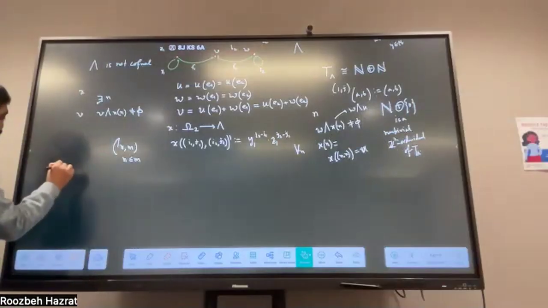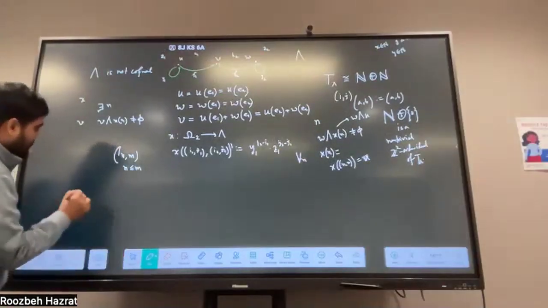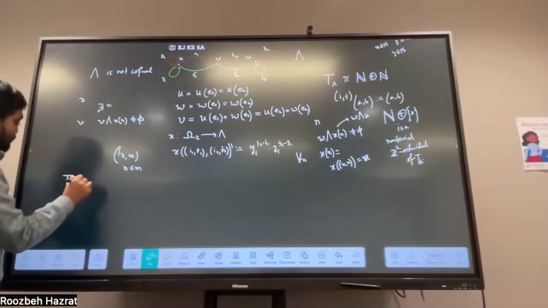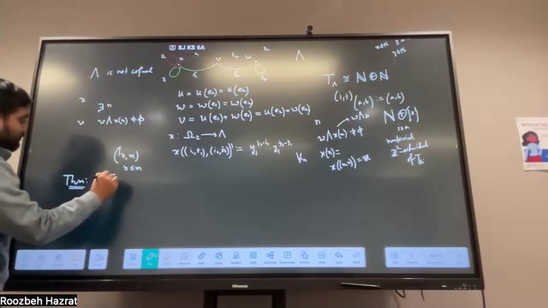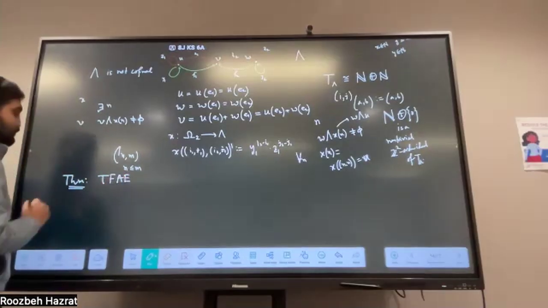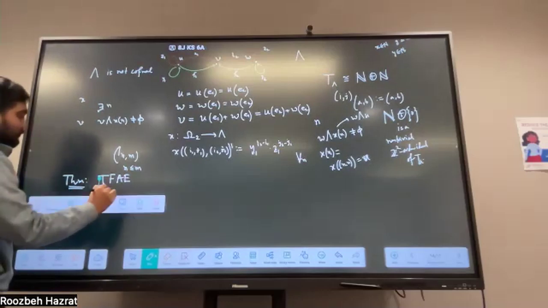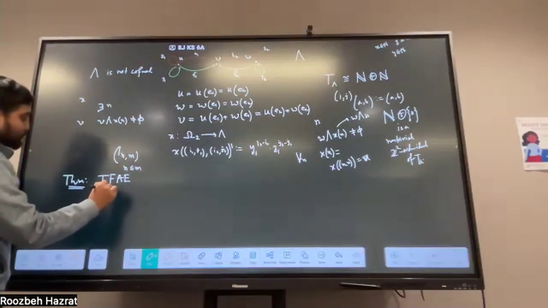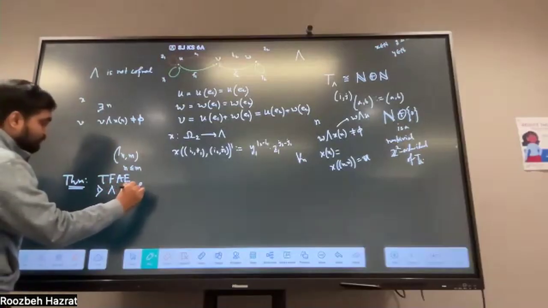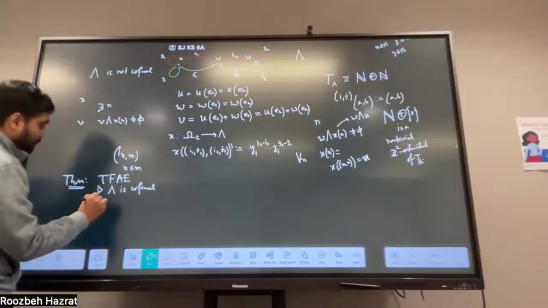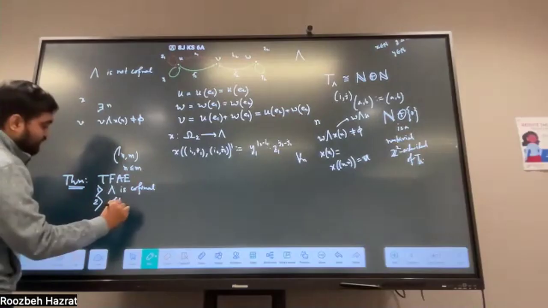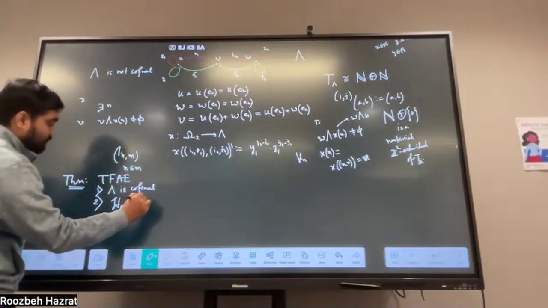So this is a theorem. The following are equivalent. One, lambda is cofinal. Two, the only hereditary saturated subsets are the trivial ones.